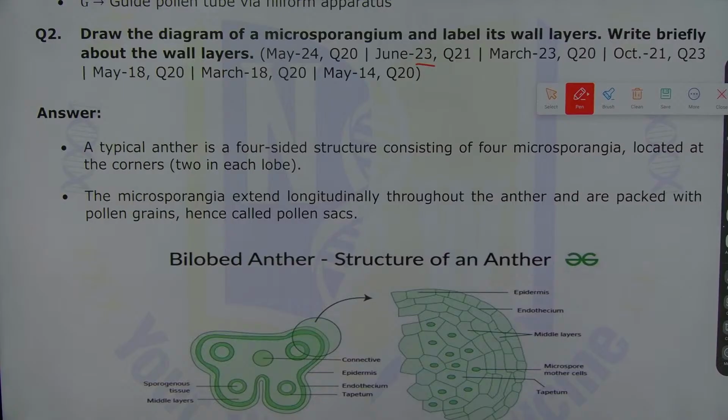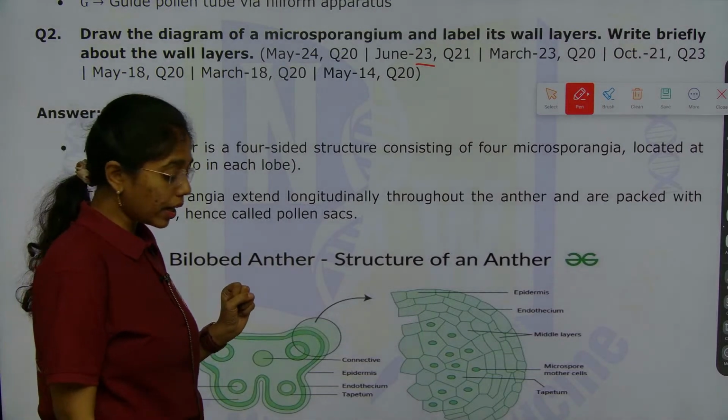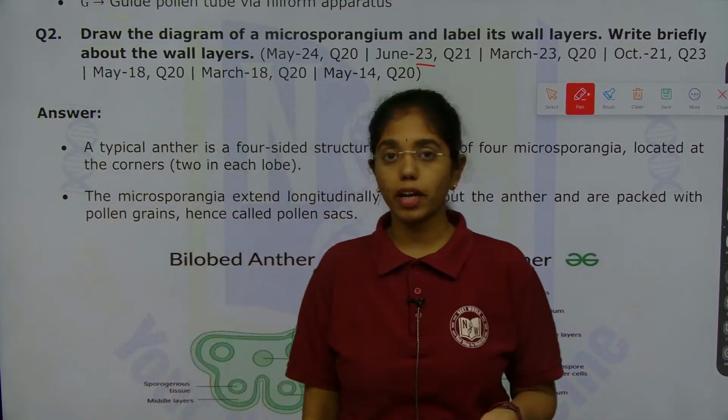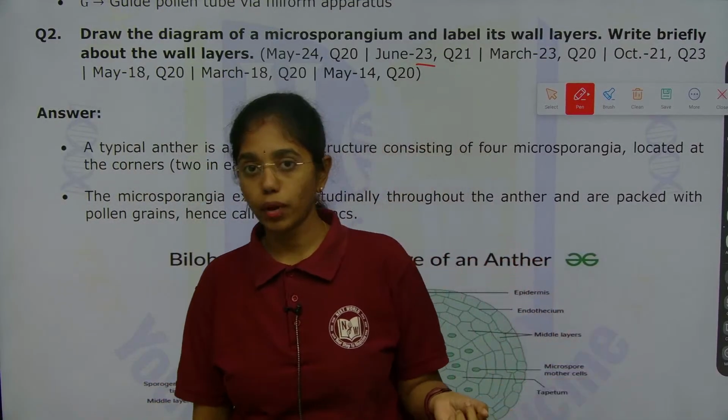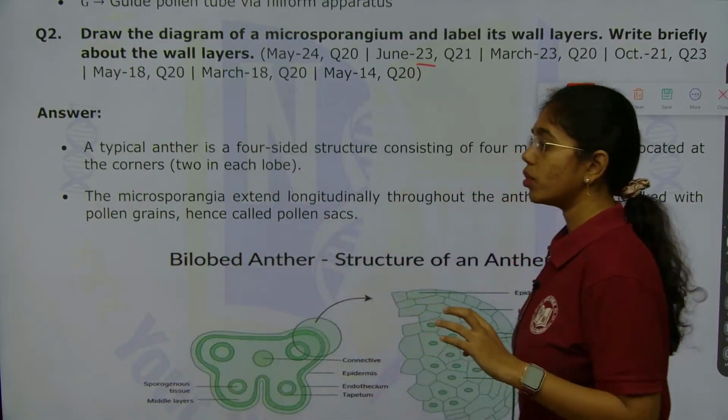In consecutive years you can see the question to describe the structure of the microsporangium. When describing it, the layers you have to highlight are the 4 anther wall layers.